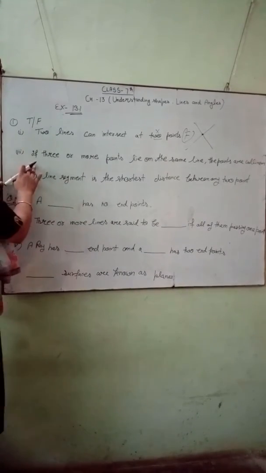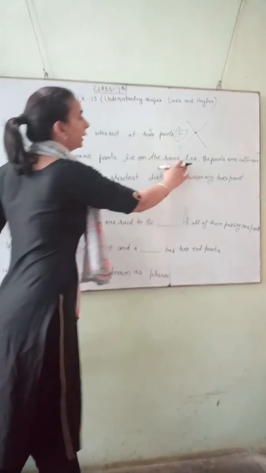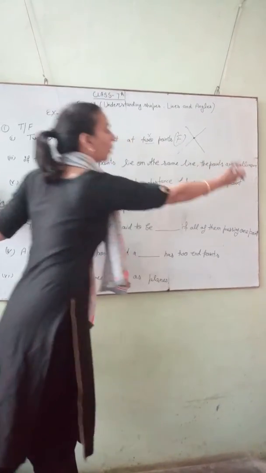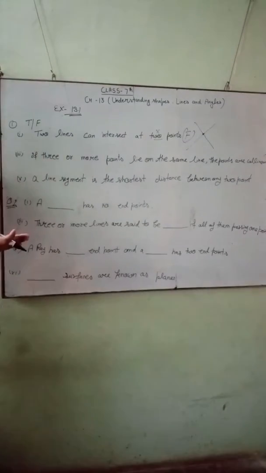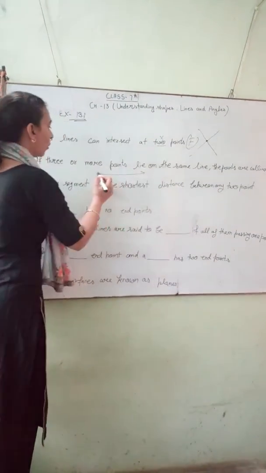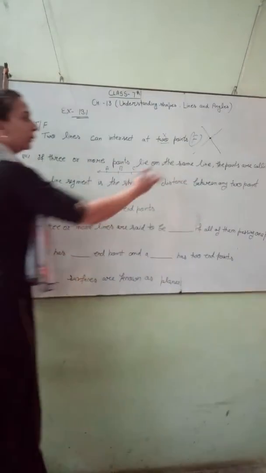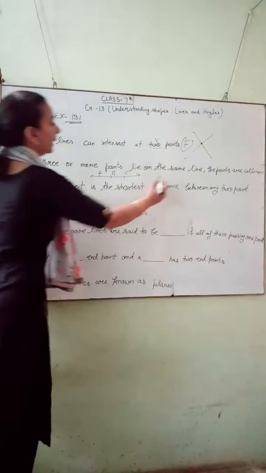Clear, student? Then part number third of the first question. If three or more points lie on the same line, the points are collinear. Students, this is true.